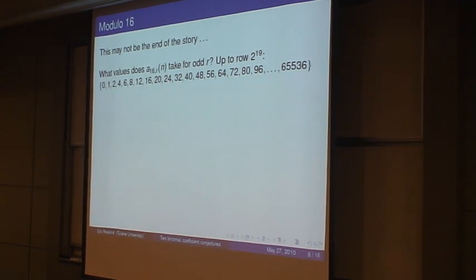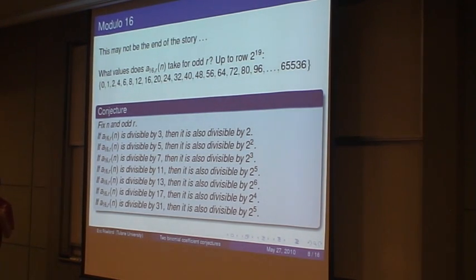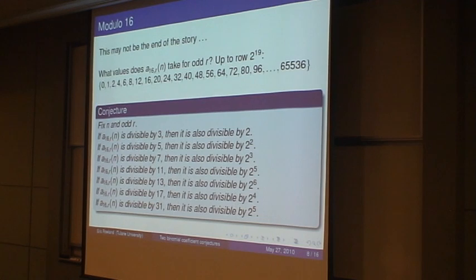And if you look at this, if you factor these numbers, then what you start to see is this sort of conjecture coming out. So these are the only primes that have appeared thus far, by the way. So the primes aren't very forthcoming. But you get this sort of picture that if this number is divisible by 5, then it also has to have a factor of 4 in it. If it's divisible by 7, then it also has a factor of 8, etc. So of course, there's no obvious sort of pattern. I can't predict.